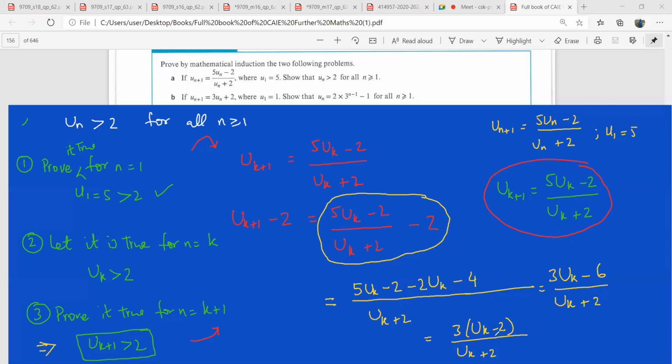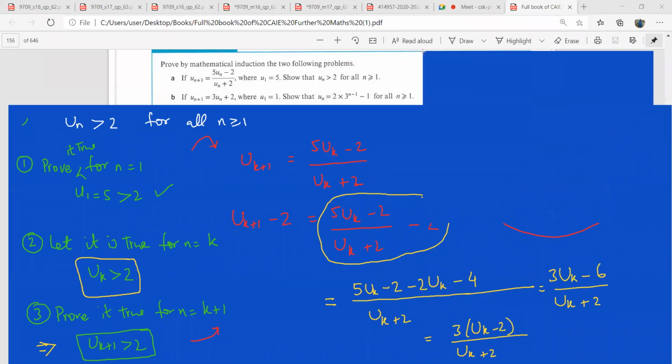Now I already have that uk is more than 2. We have assumed that uk is more than 2. Let me cover this area so that I have some space to prove this.